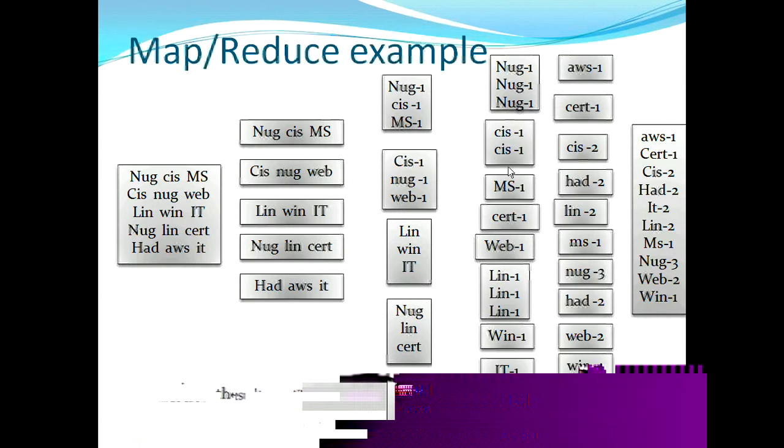And then shuffle and sort will group them. Shuffle into individual words: nug will be separated, sys will be separated, line will be separated, all these things.